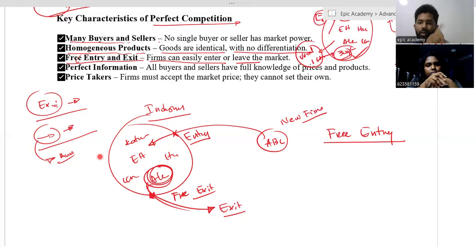So only one option is there, produce paddy. They know that by producing paddy, they have to take losses from the market prices. But still they are doing the same thing. That is why we call it exit barriers.